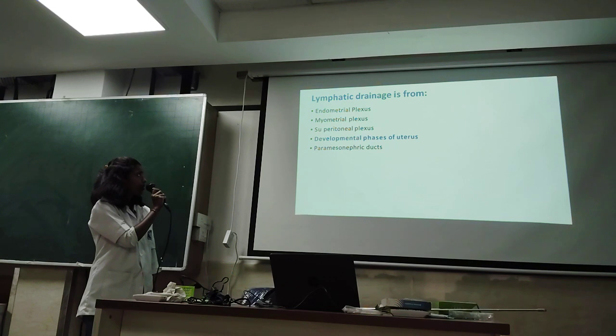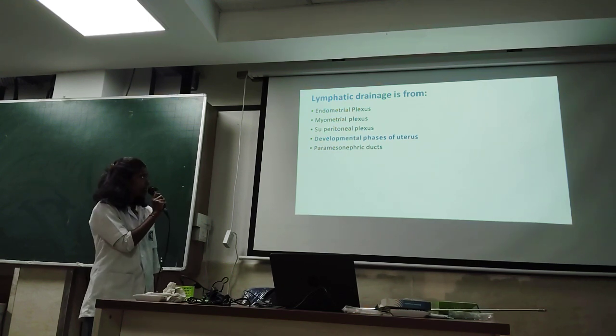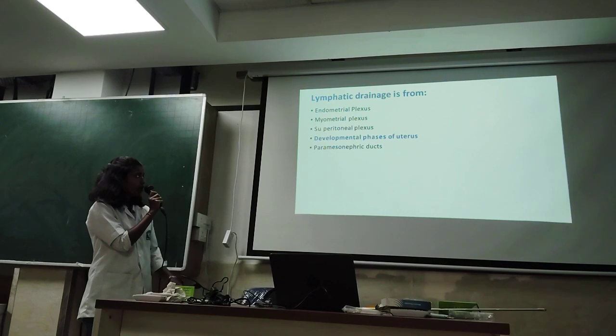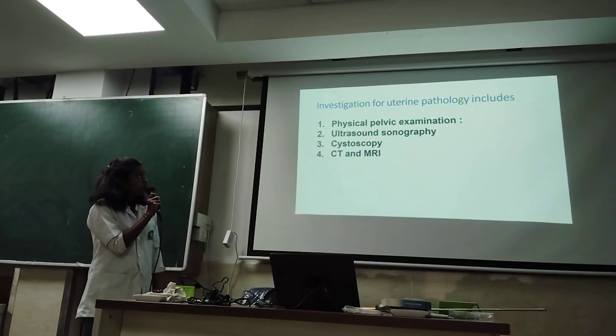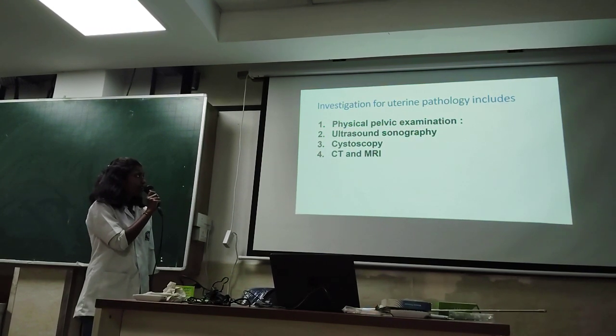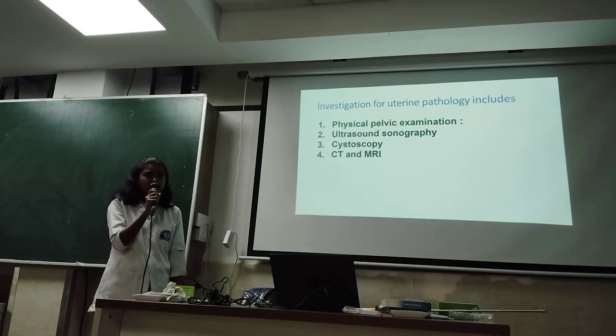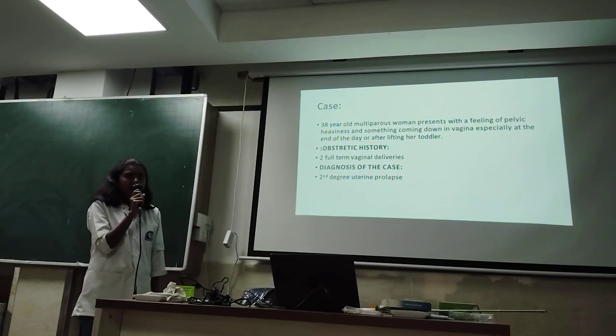Lymphatic drainage is from the endometrial plexus, myometrial plexus, and subperitoneal plexus. Developmental phases of uterus include the paramesonephric ducts. Now looking toward the investigations for the uterine pathology, which include physical pelvic examination, ultrasonography, cystoscopy, CT scan, and the MRI. Now let's take a look at the case.